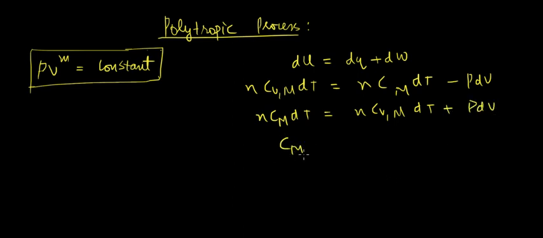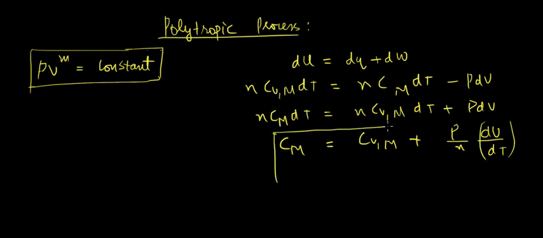Okay, and Cm would be equal to Cvm plus P upon n dV upon dT. Okay, so this is, let's say, our first equation.